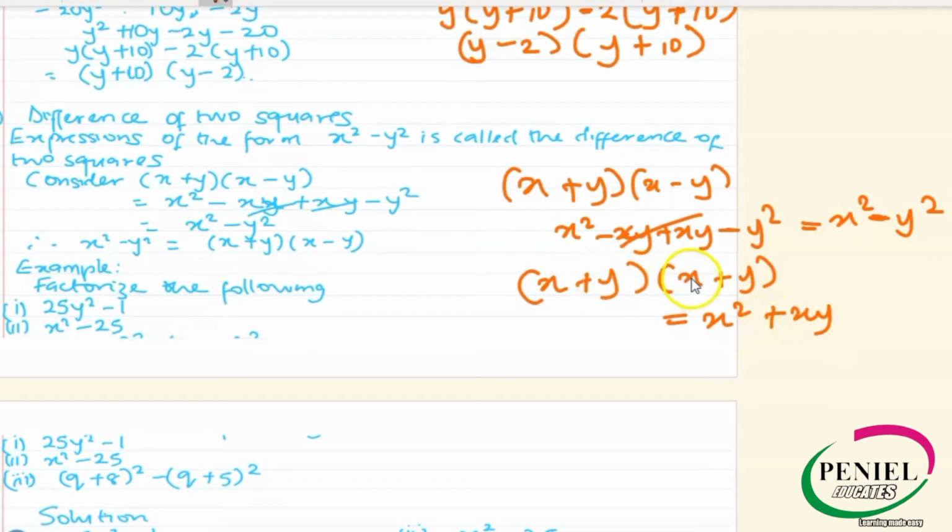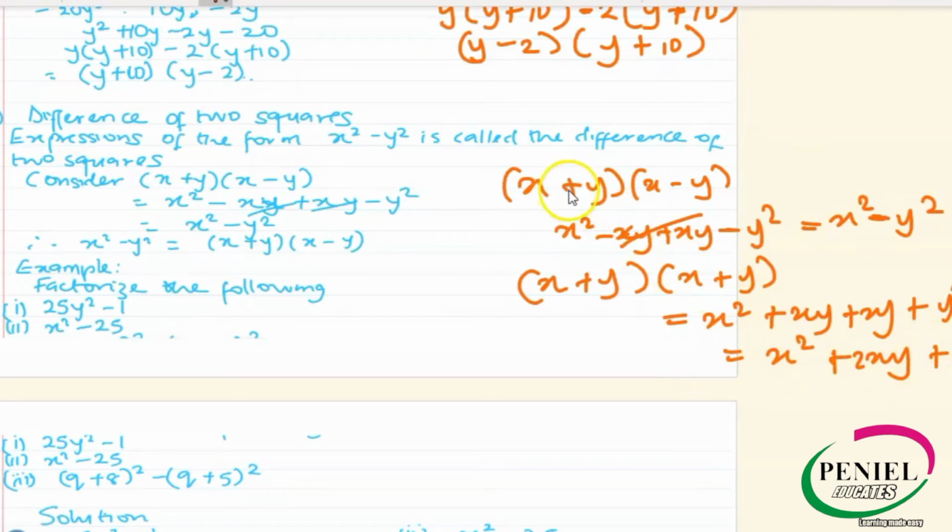Then y multiplied by x is going to give you plus xy. y multiplied by y is going to give you plus y squared. So this one also is going to give you x squared plus 2xy plus y squared.